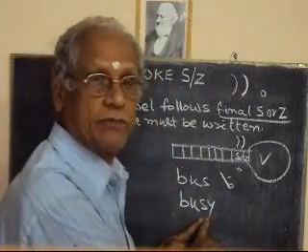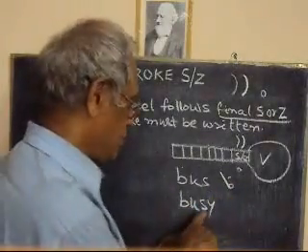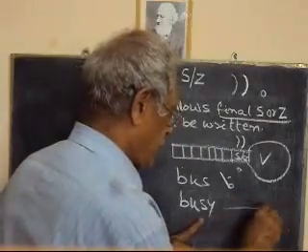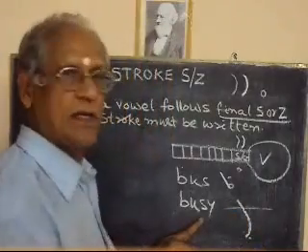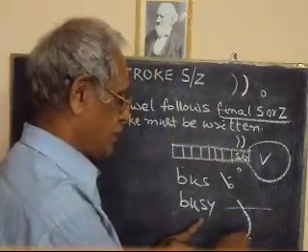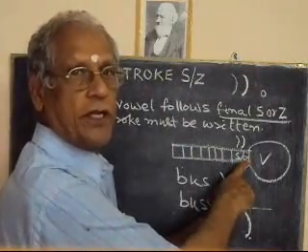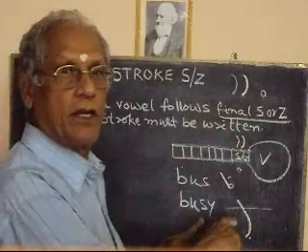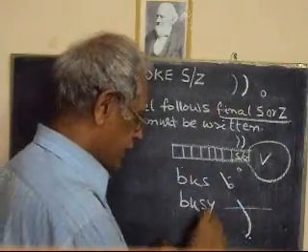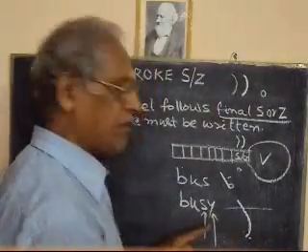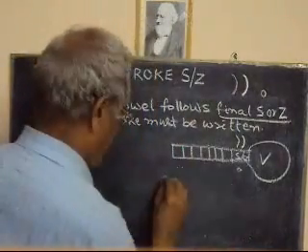Busy, this is the sound. We are not bothered about the spelling, only the sound. Busy. Final S or Z is represented by the stroke if a vowel follows. This is S and this is the E vowel. Therefore, you will have to write the stroke. Busy.